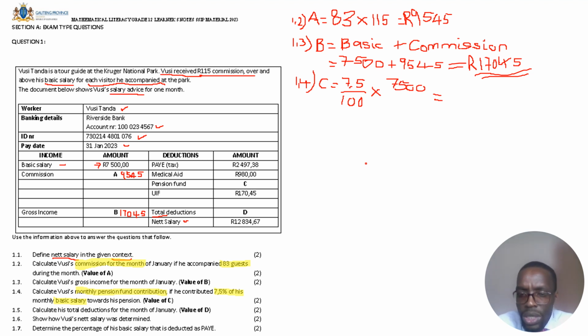Your answer is going to be 562.50, and this one is in rands.